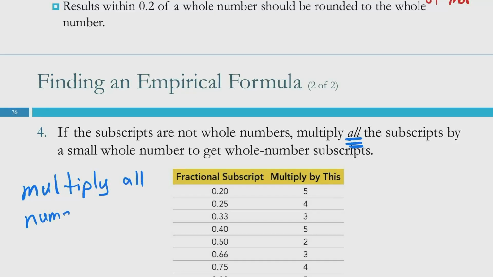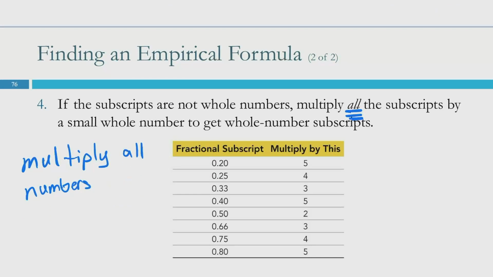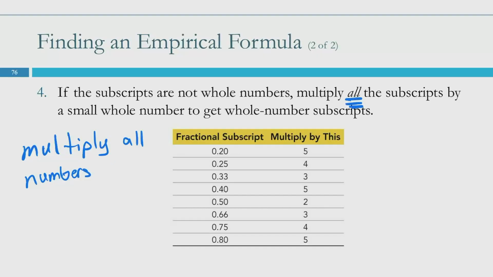So we're going to multiply all of our numbers to get approximately whole numbers.